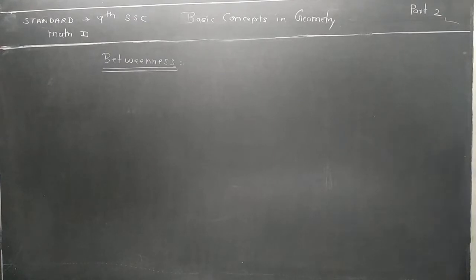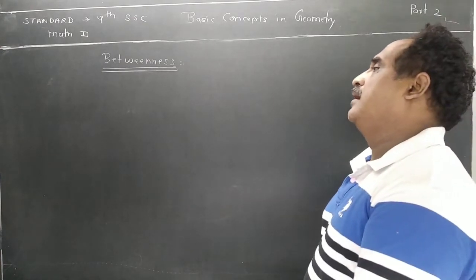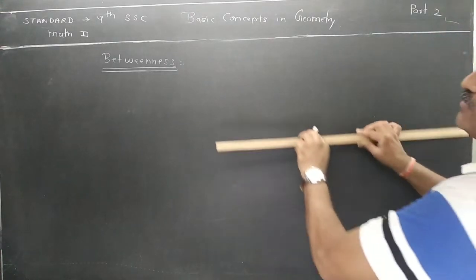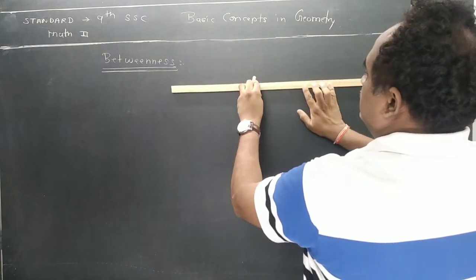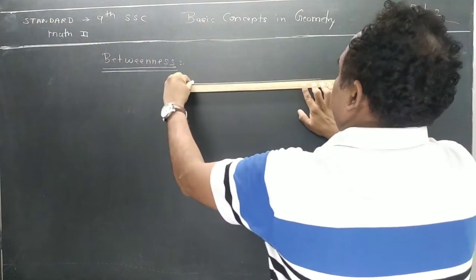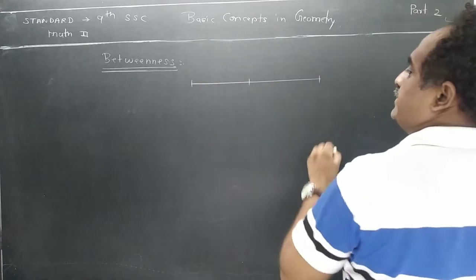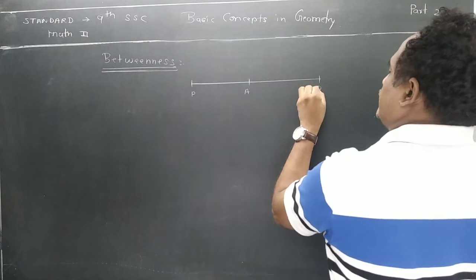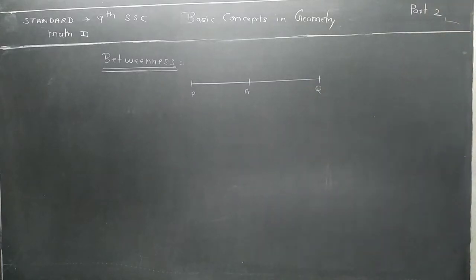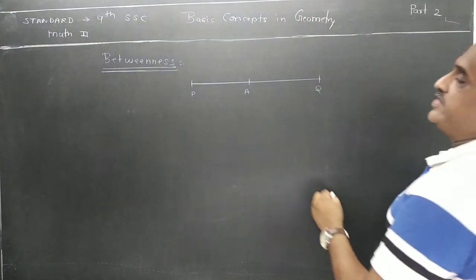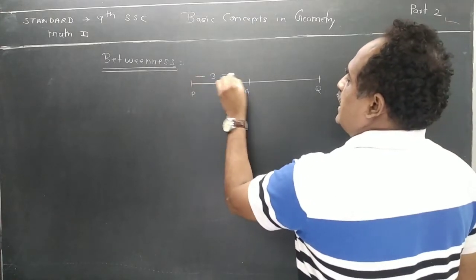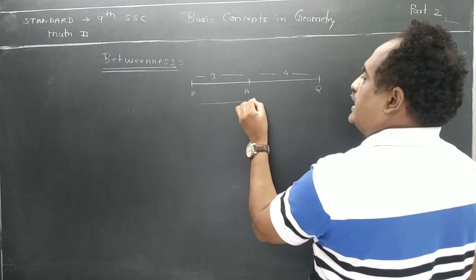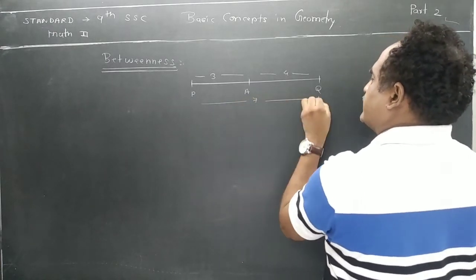Now the next concept is betweenness. For betweenness, see, if I am considering 3 points, say P, A and Q. Is it right? If this distance is 3 units, this distance is 4 units, then I know that this will become 7 units.